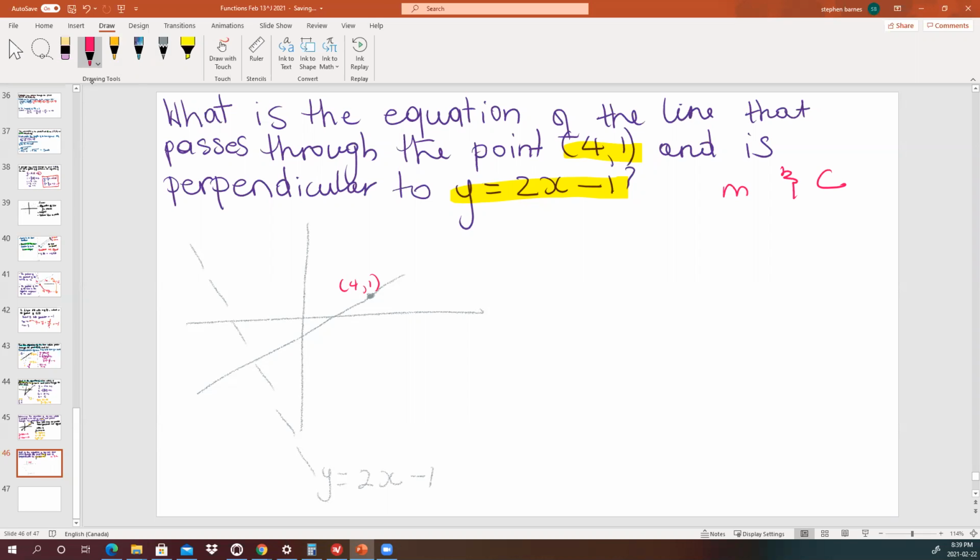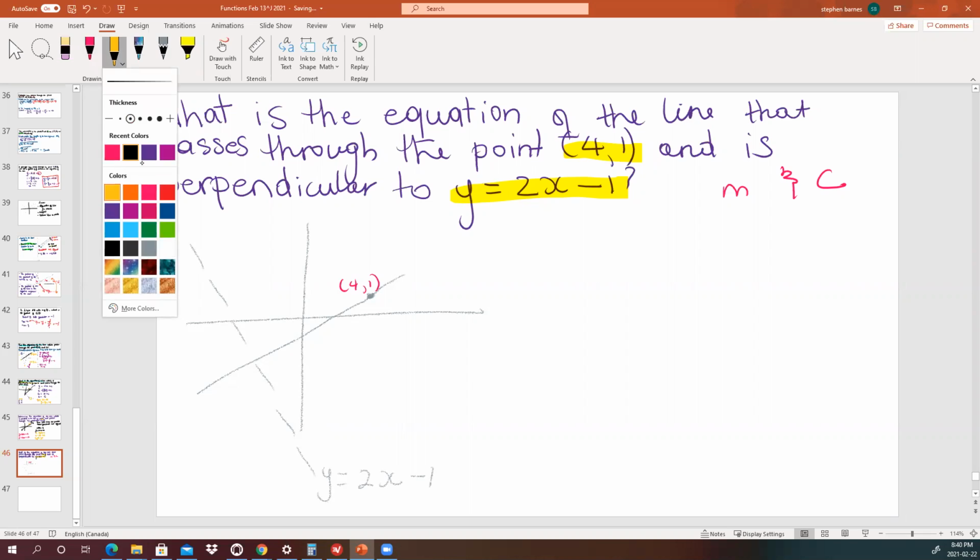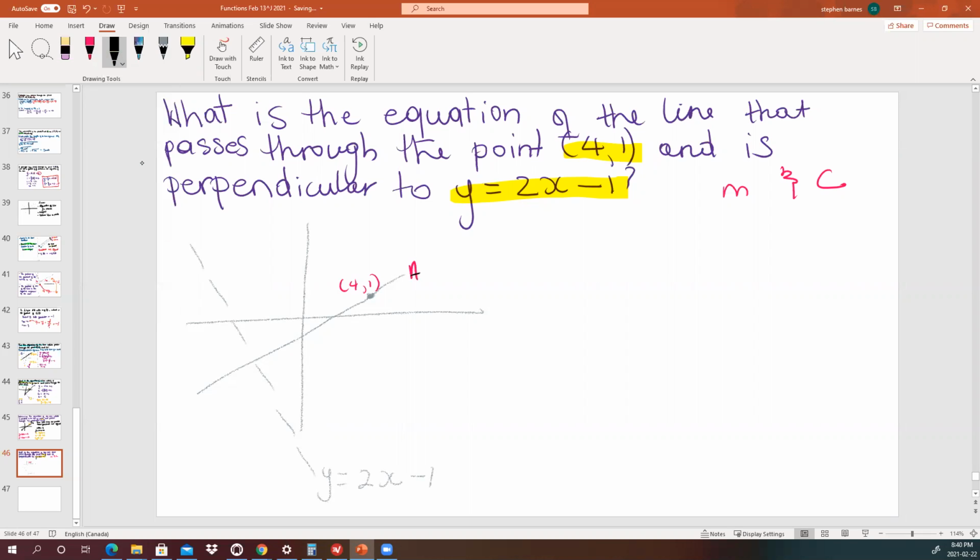We can find our gradient because we know that there is a relationship with the gradients of lines that are perpendicular. So if I'm going to call our line of interest AB, and the other line to be CD, I can say then that the gradient of AB multiplied by the gradient of CD should give me -1.